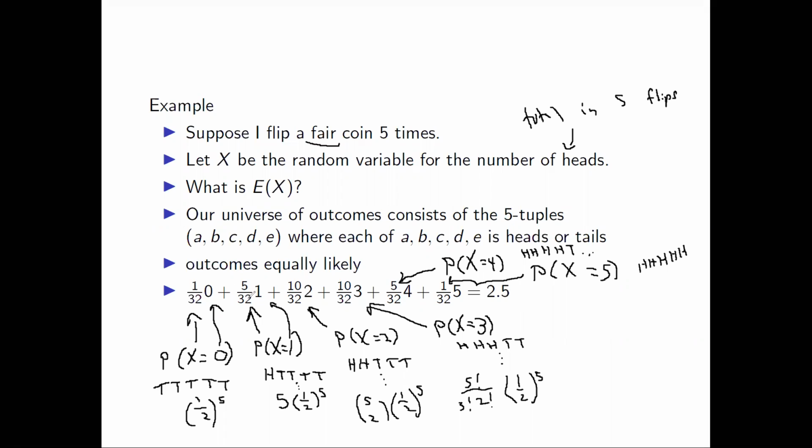So we get each of these probabilities, and notice the X equals 2 probability, we're multiplying that by 2. The X equals 3 probability, we're multiplying that by 3. And this arrow is pointing at this probability. The 4, we're matching that, multiplying by 4, and the 5, this probability, we're multiplying by 5.